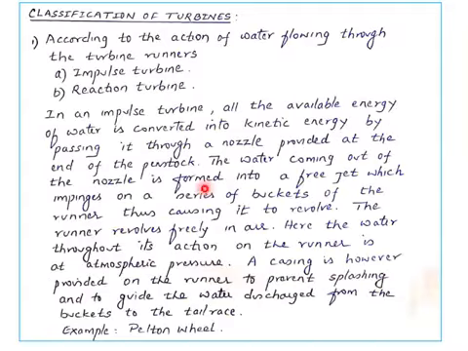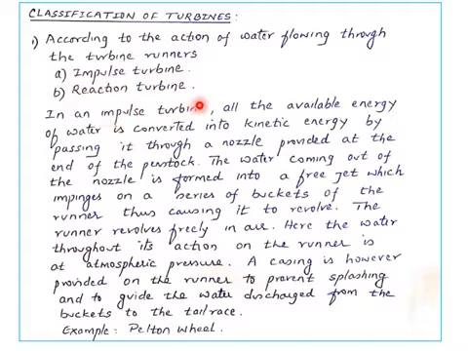Coming to the classification of turbines, we have classification based on various criteria. The first criterion is according to the action of water flowing through the turbine runners: we have the impulse turbine and the reaction turbine.